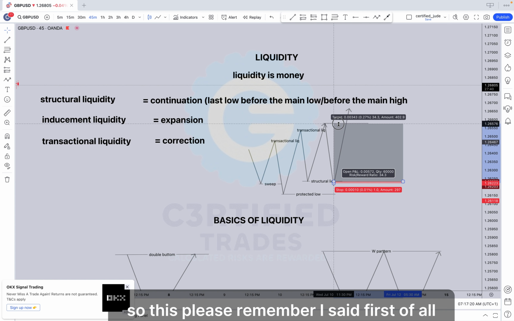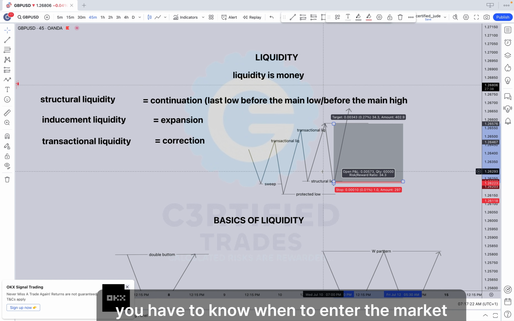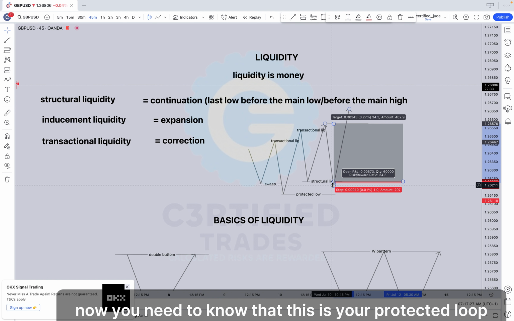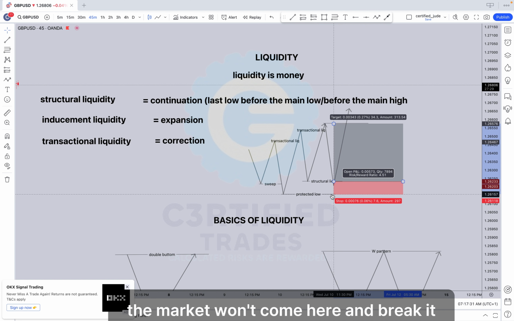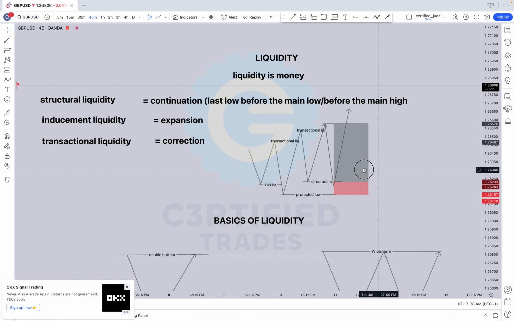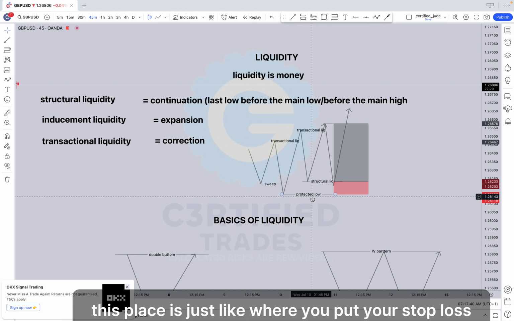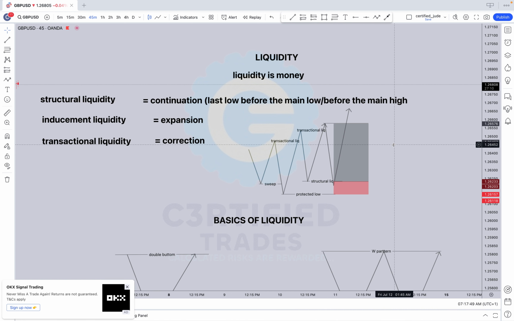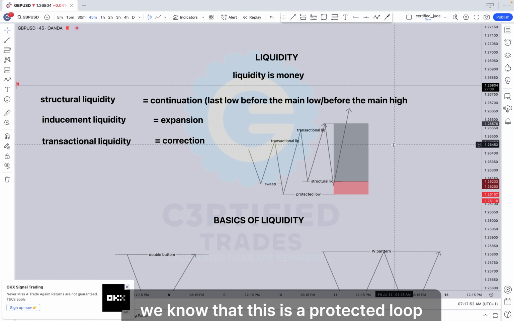To this place. Remember, I said first of all, you have to know when to enter the market and when to exit. All right, now you need to know that this is your protected low. The market won't come here and break it. Never. This place is just where you put your stop loss. The market won't come down here because, based on what we have had already, we know that this is a protected low.